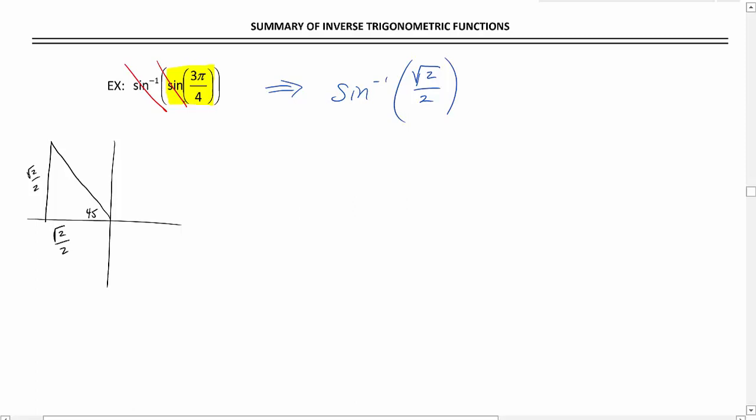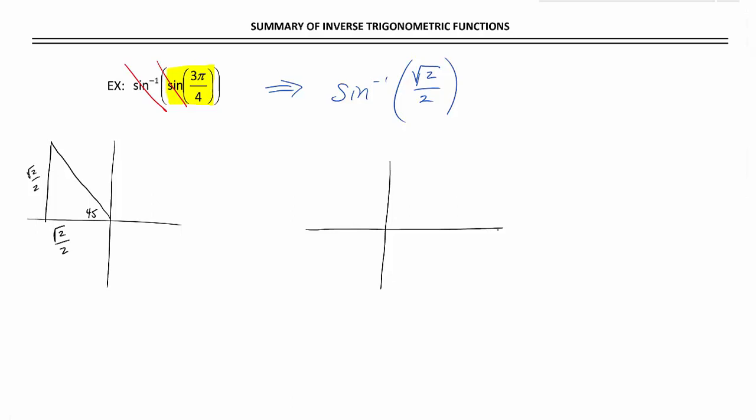When we look at this, we have to use that pure definition of sine inverse where we're only looking in quadrants 1 and 4. The question is, what angle in quadrants 1 or 4 does sine have a value of positive square root of 2 over 2? Sine is positive in the first quadrant, and it has a value of square root of 2 over 2 when we have a 45, 45, 90 triangle.